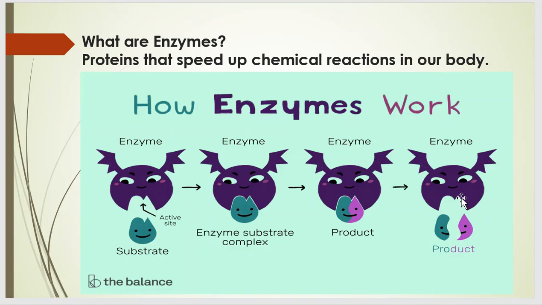This reaction is so quick, and if you chew a piece of bread in your mouth for maybe 10 minutes, you actually start to taste sweet because the product is formed in a significantly high amount since you are chewing it for a longer time. So what enzymes do is convert the substrate into products.